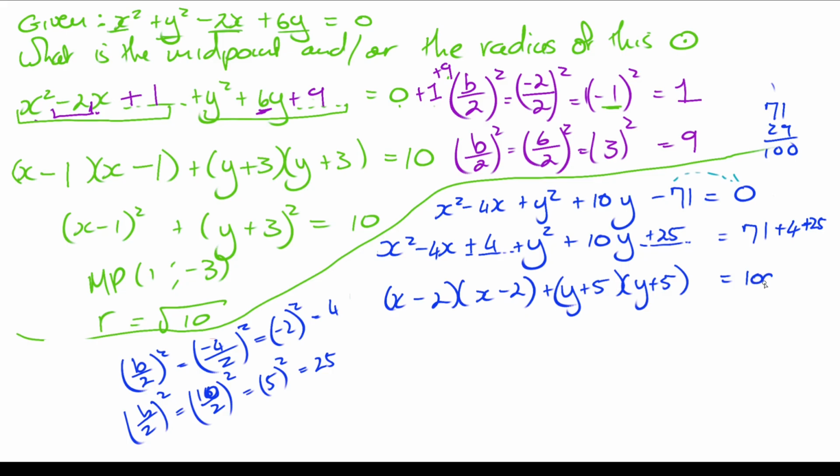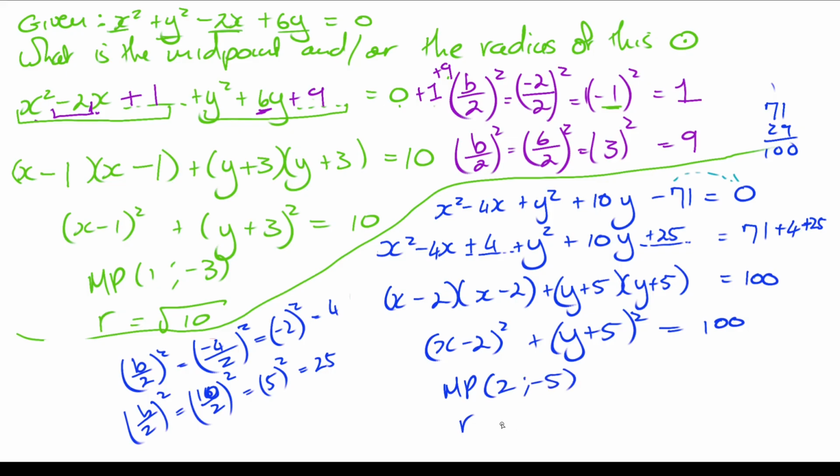Ooh, I like it. 100. I like a nice round number. Ta-da! Y plus 5 squared equals that. So our midpoint is 2 and -5, and our radius equals square root of 100 is 10.